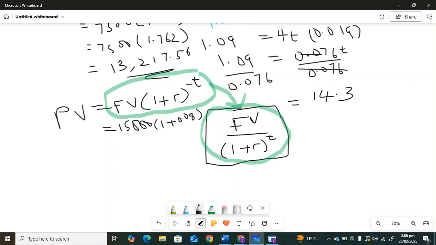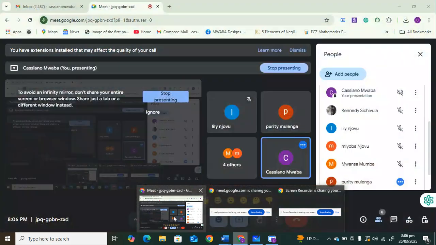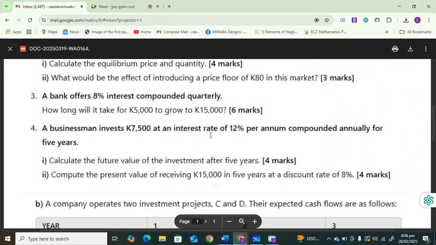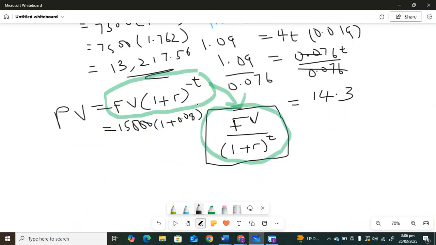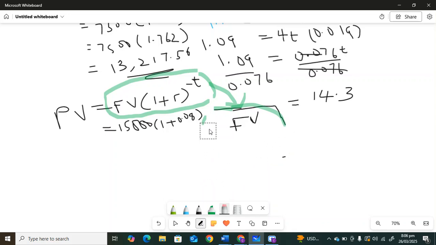The power negative t, what's the time in this question? 5 years, yes. So to the power negative 5.